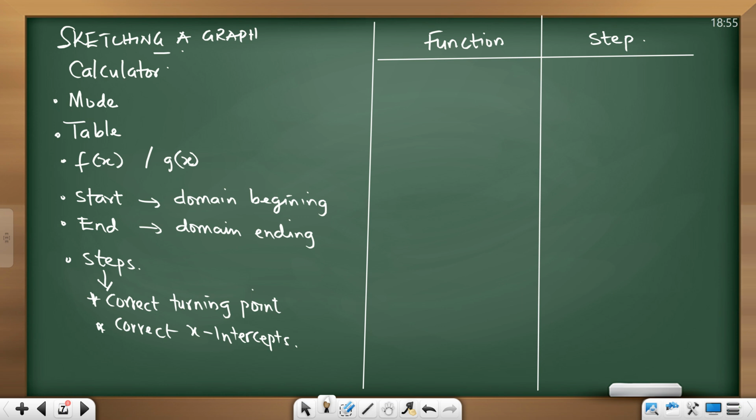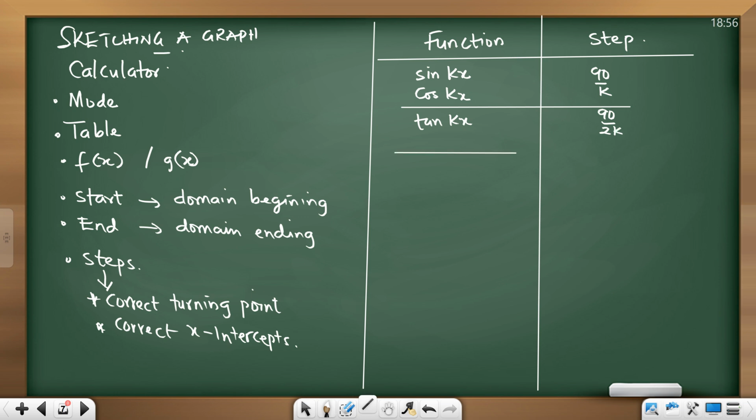All right, function. Sine kx and cos kx both share the same step, which is 90 over k. While tan kx has 90 over 2k, or 45 over k if you want to put it in another way. Sine, cos, and tan.